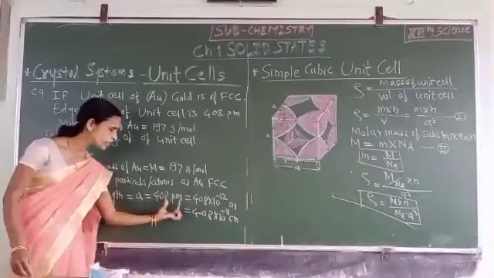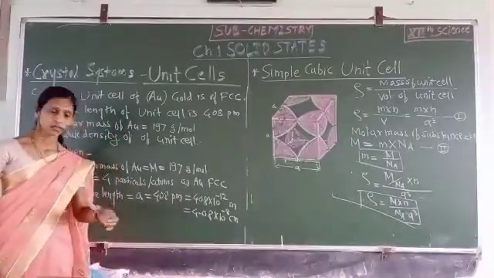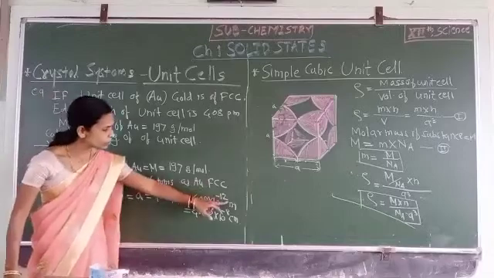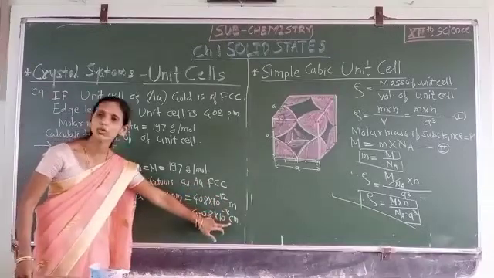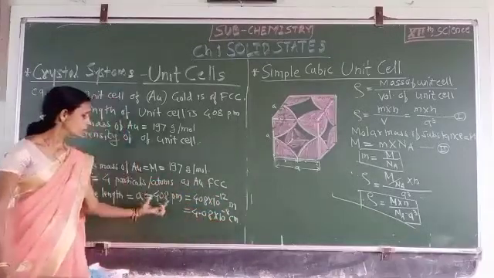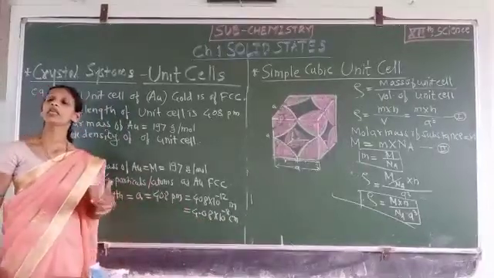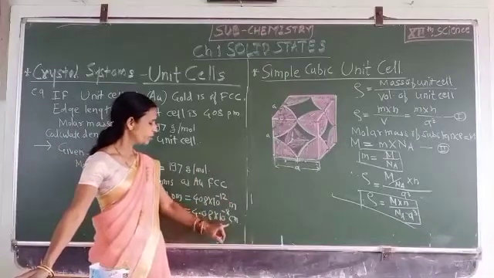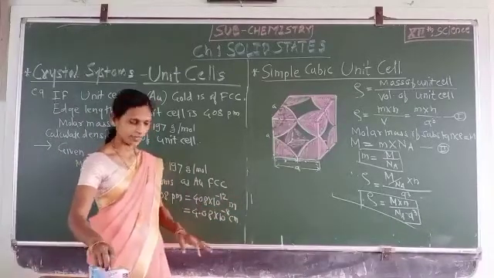You have to convert the edge length. If it is given in picometer, then you should convert it into meter or into centimeter. The edge length may also be given in nanometer, then you should also convert it into meter or centimeter.